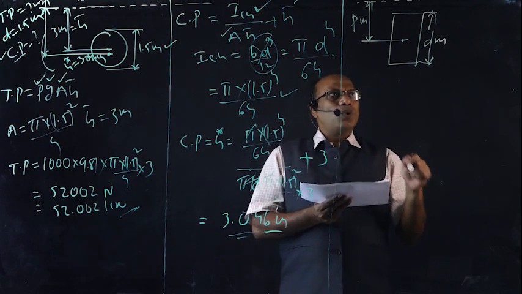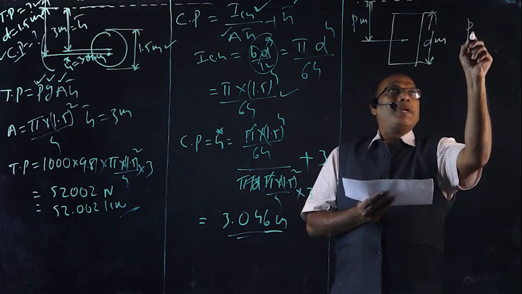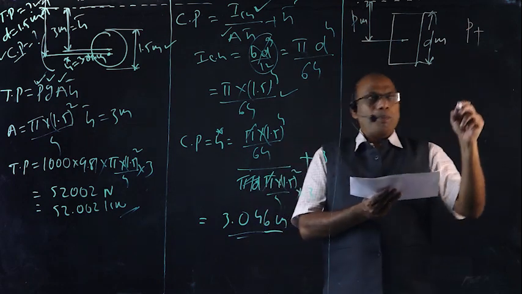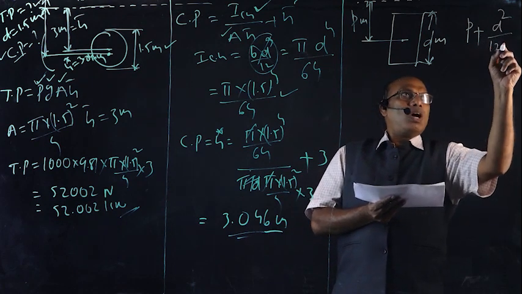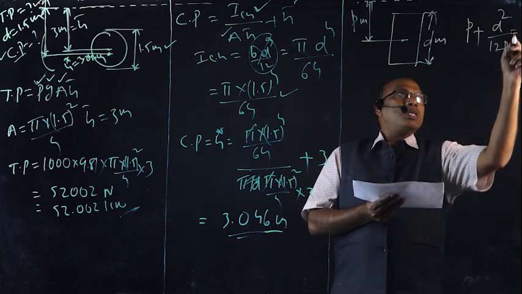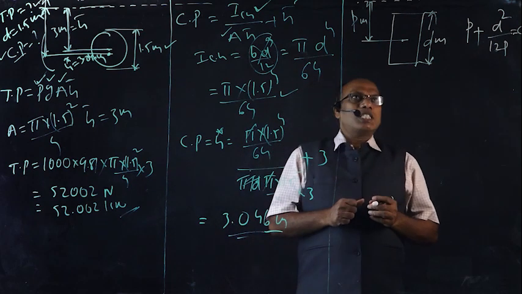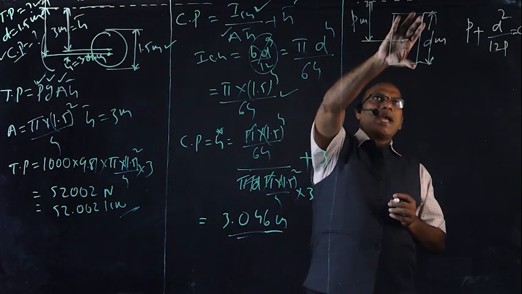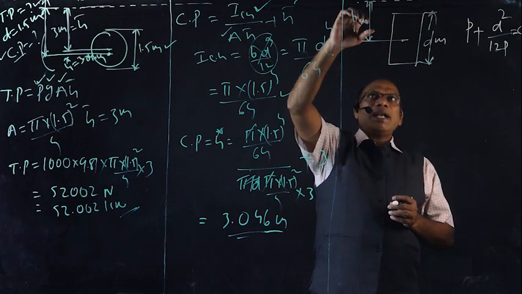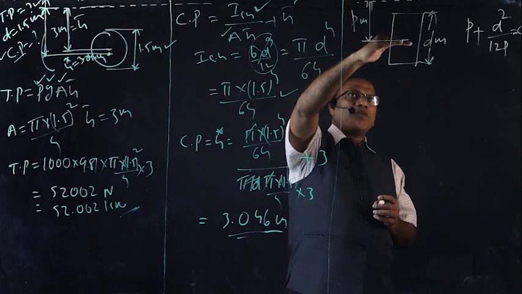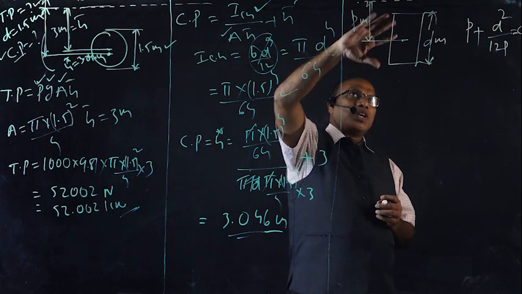Show that p plus d square by 12p is equal to center of pressure or H star. Right, in this problem a sluice gate is given, the depth is equal to d meters, and the centroid of this sluice is p meters from the free surface of water.